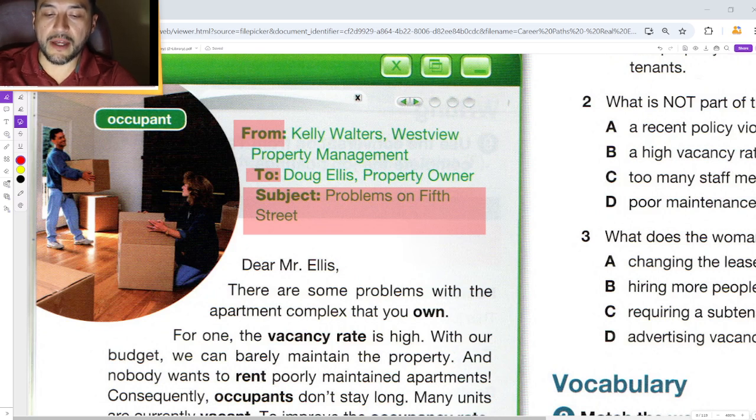Remember that you have the audio right here on the platform. You can listen and repeat the audio. I recommend repeating the audio maybe once or 2 times, 3 times. Okay, let's listen.